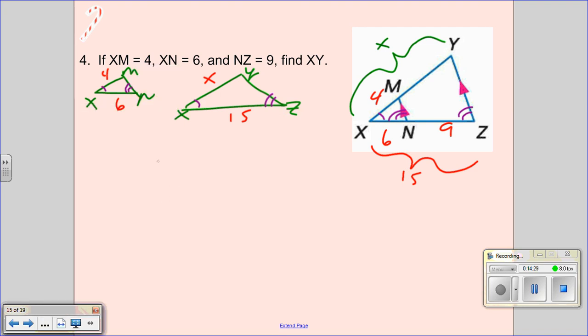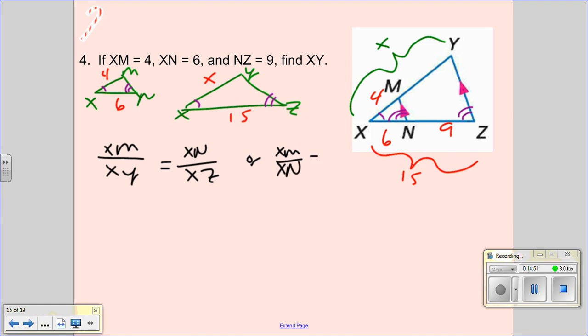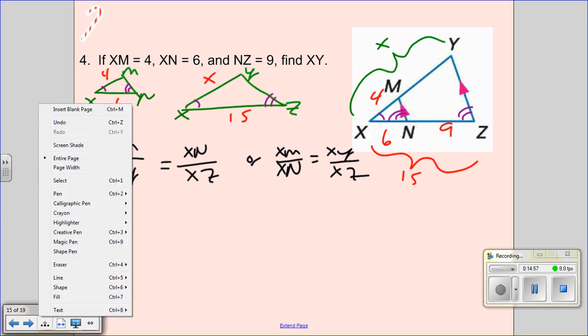So we now should be able to see that XM is proportional with XY, and also XN is proportional with XZ. So that's one setup, or you could say XM is to XN as XY is to XZ. Those are your options for this scenario.